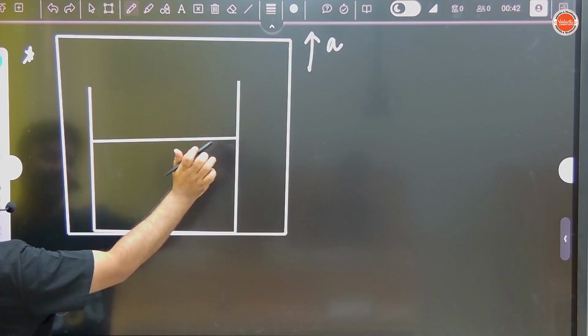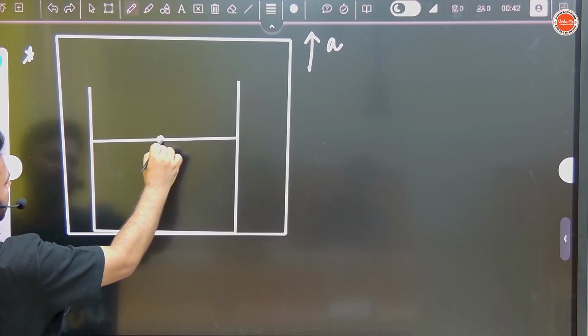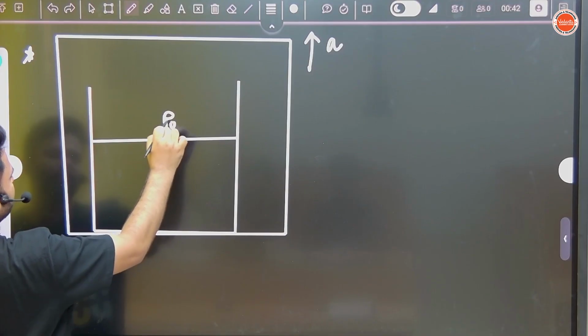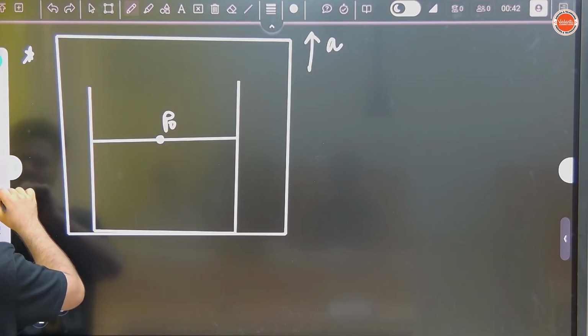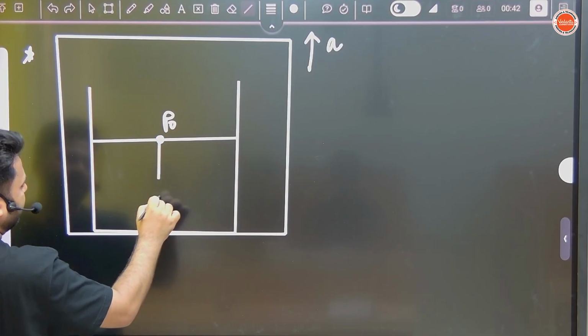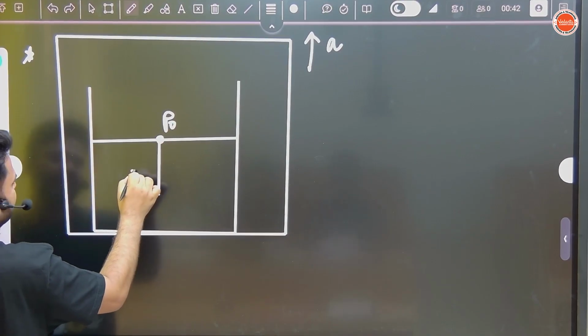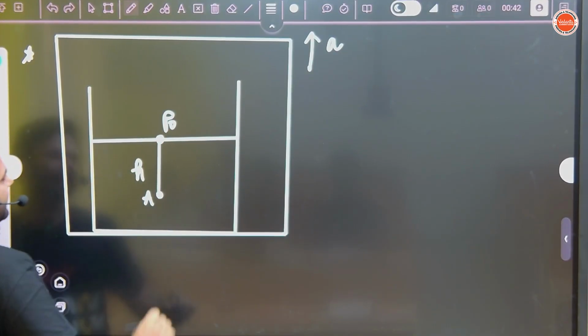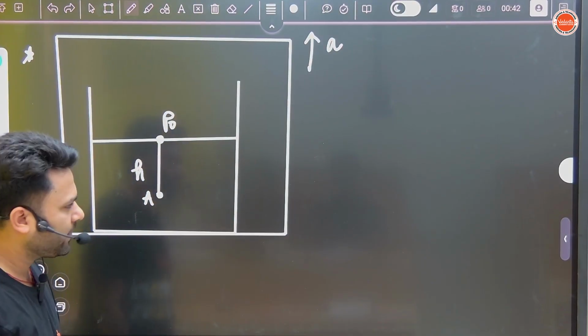There is a point, and this kind of questions can be asked. Again, be careful. There is a point here. Here pressure is P0, suppose. At a height h, means at a depth h actually, there is a point A. They are asking what is the pressure at point A.